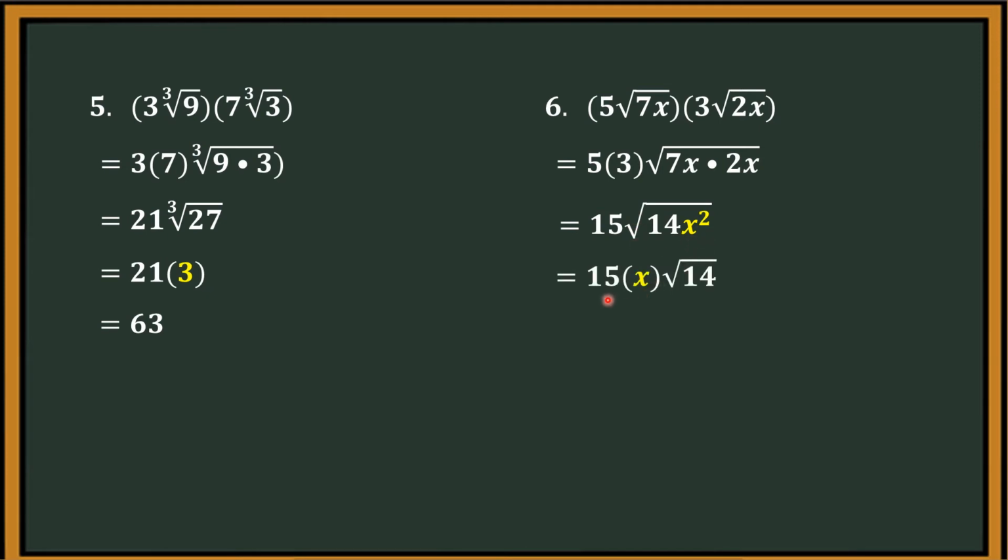So, that is 15. Since x squared divided by 2 yung exponent natin, so magiging x na lang siya. So, that is why we have here x. And then, may iwan yung square root of 14. So, that is 15x square root of 14.